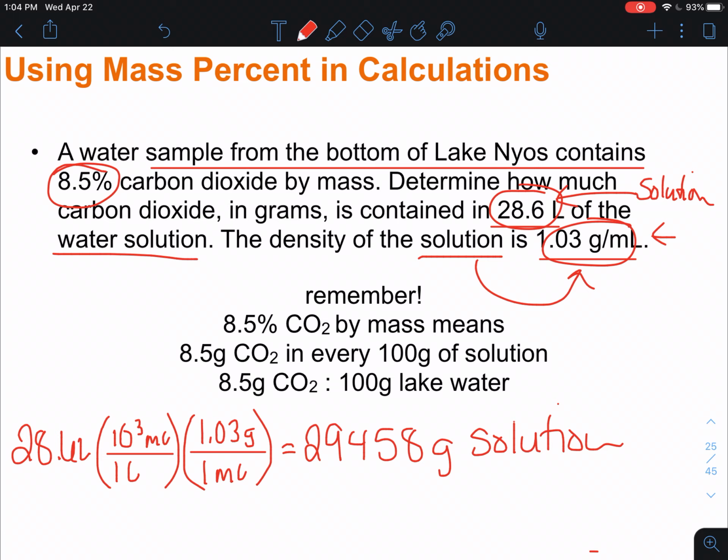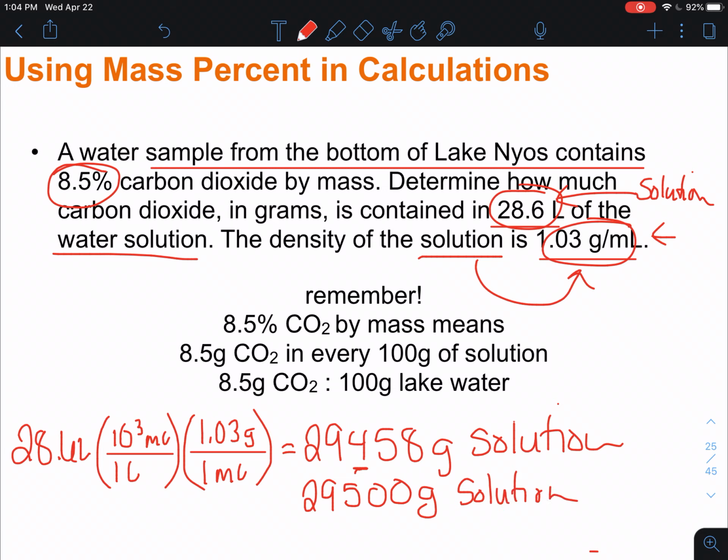Hold on a second. Sorry, I am just making sure that I have 28.6 liters multiplied by 10 to the third, yeah, and then multiplied again by 1.03. Yeah. So 294.58, and then really we're looking at 3 sig figs, right? So it's actually going to be 29500 grams. All right, so that's grams of solution.